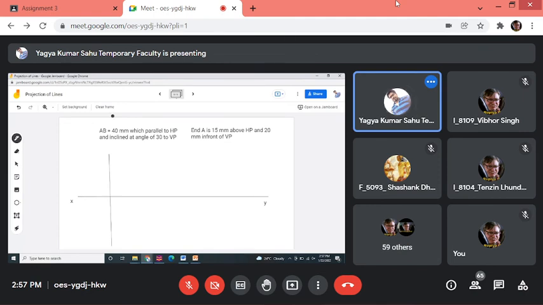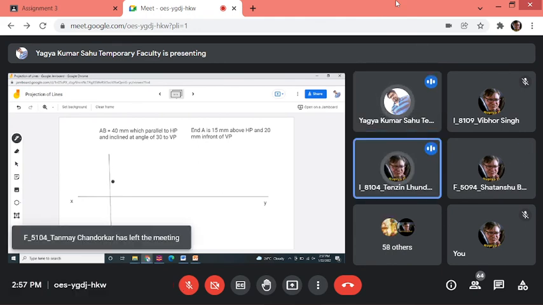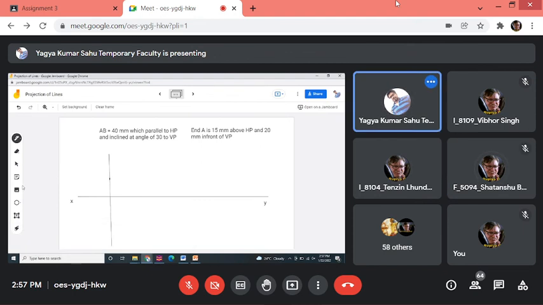Okay, tell me, front view of this particular line, and A, above or below? Above, 15 mm above horizontal plane. Very good. So you'll get A dash. Front view means small a, single dash, 15 mm above.